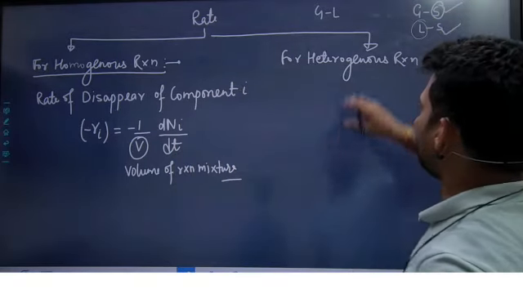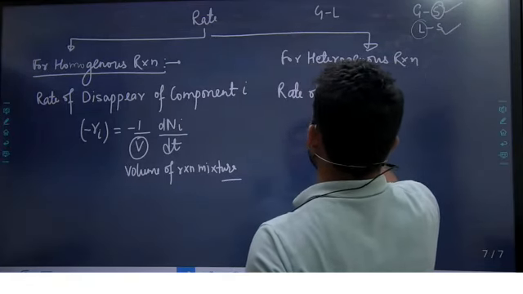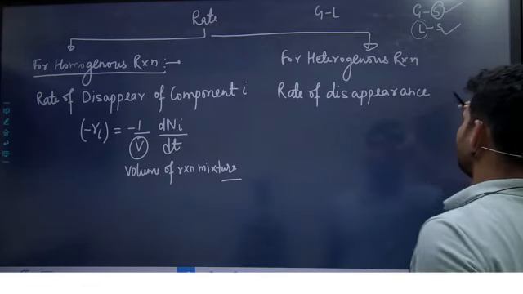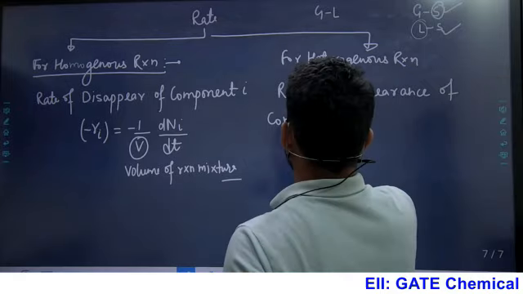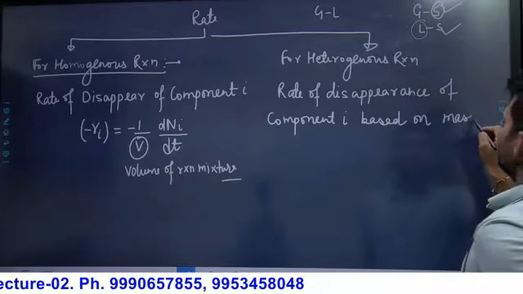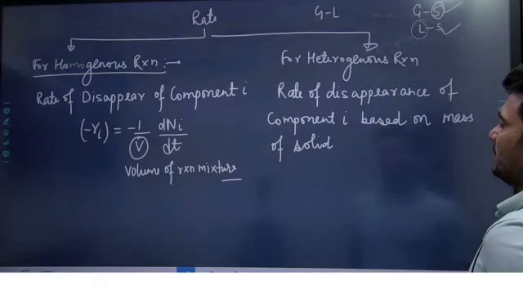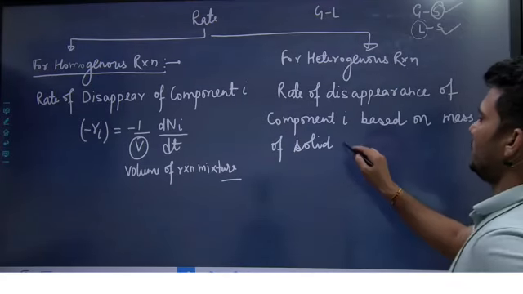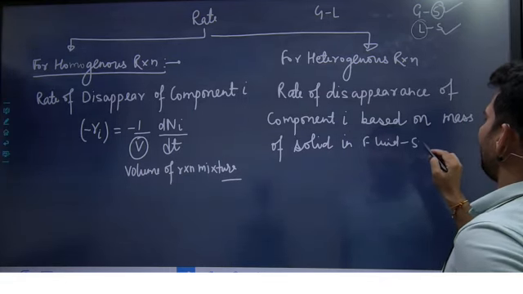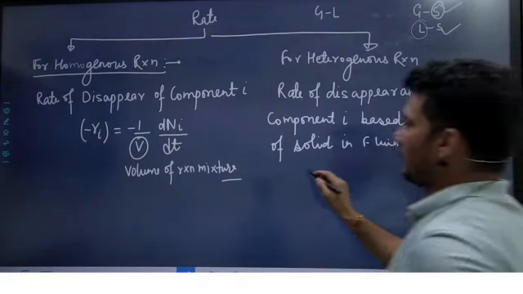Now for heterogeneous reaction, I can define the rate of disappearance of component I based on mass of solid, in fluid-solid reaction, meaning either a gas-solid or liquid-solid reaction. So how will I write it?